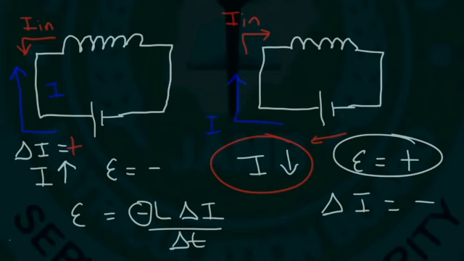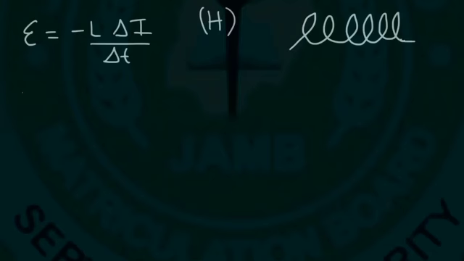Now sometimes you may need to calculate L in this equation. So what exactly is L? L is the inductance, which is measured in units of henries, or capital H. And to calculate the inductance of a solenoid, here's the equation that you can use.